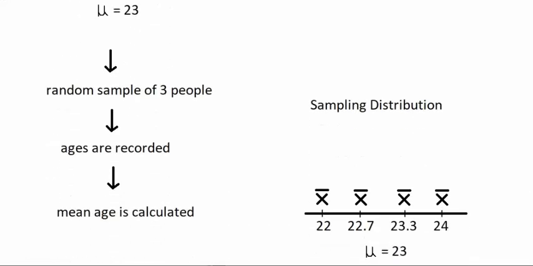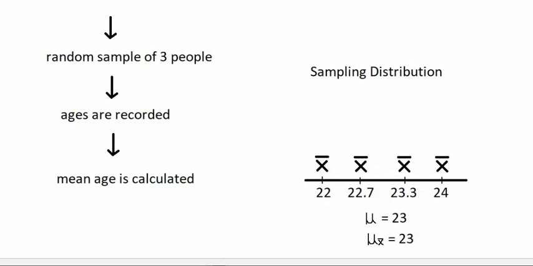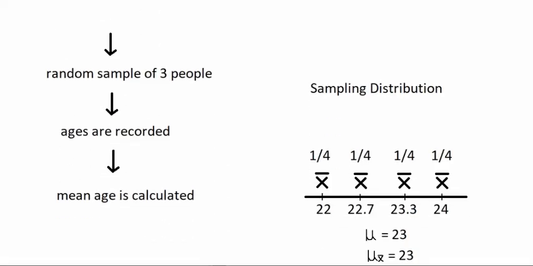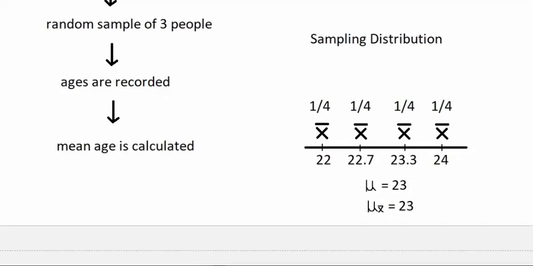And here's our diagram. And here's the probabilities. They're all 1/4 because, well, each one shows up one time, and each one is 1 out of 4 possibilities.